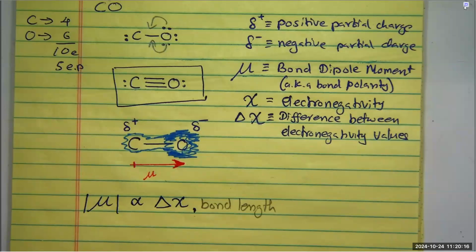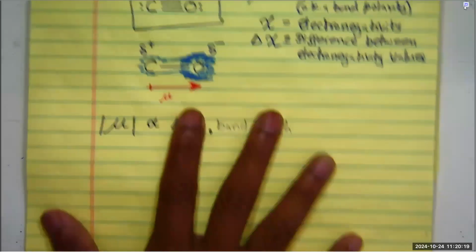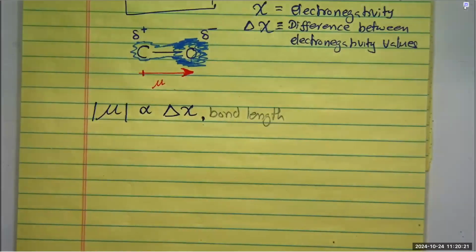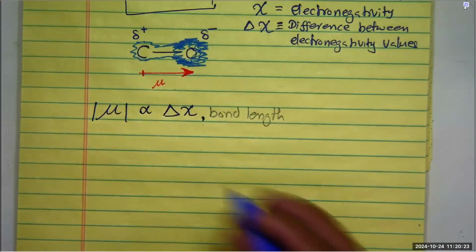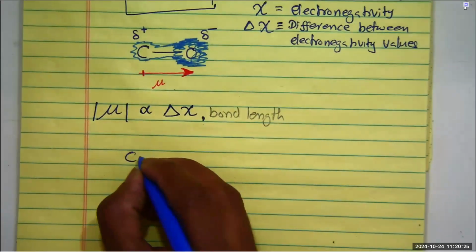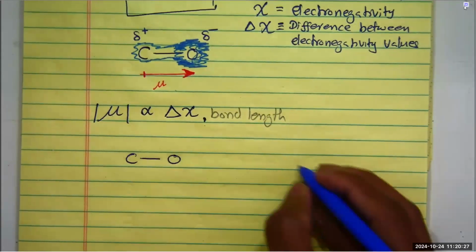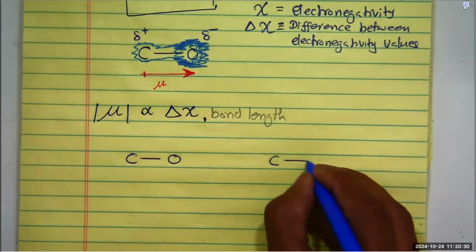Now, here's a question for you. Again, the whiteboard question, then we're going to switch to Top Hat. Say that you have two bonds, CO bond and CF bond.